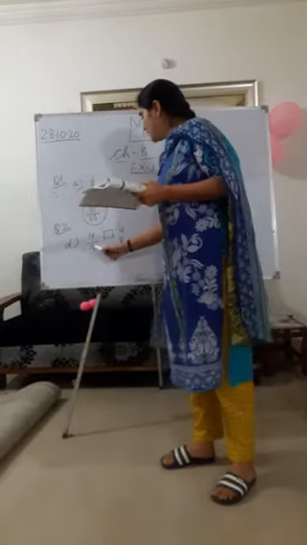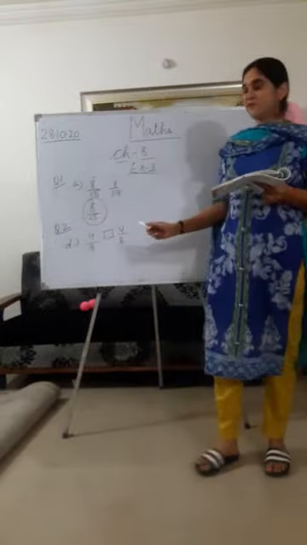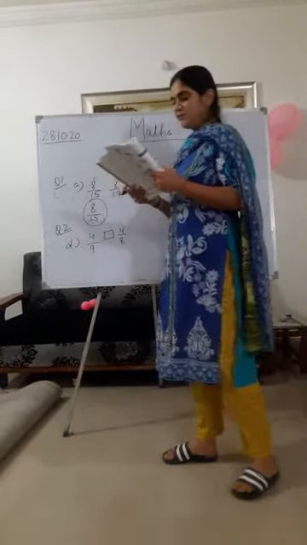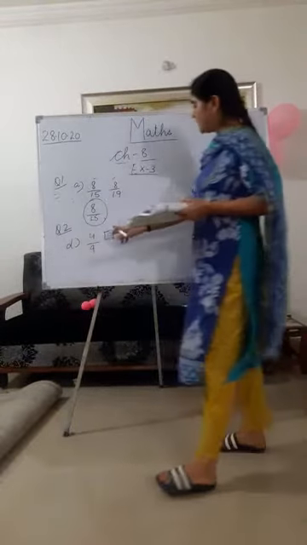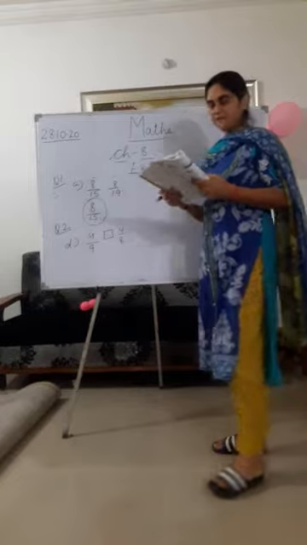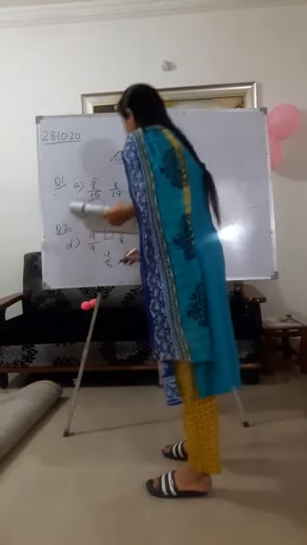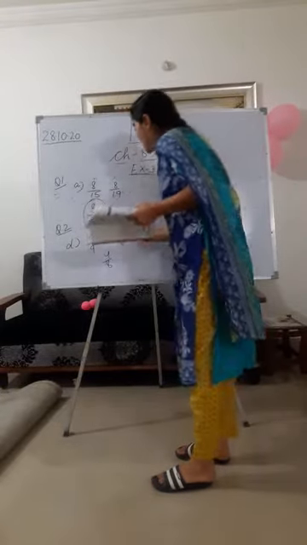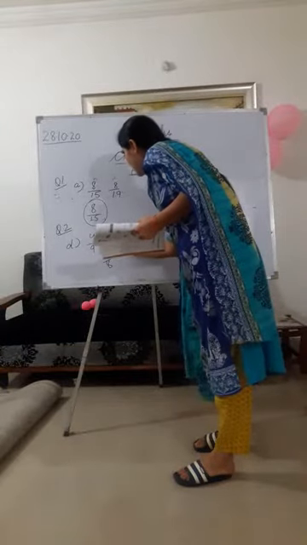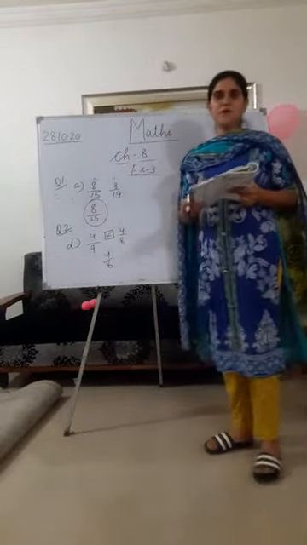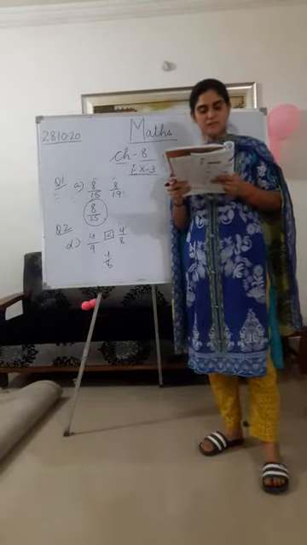Here also the fraction with the smaller denominator will be the greater fraction. So 4 upon 8 has the smaller denominator, so it is the greater fraction.